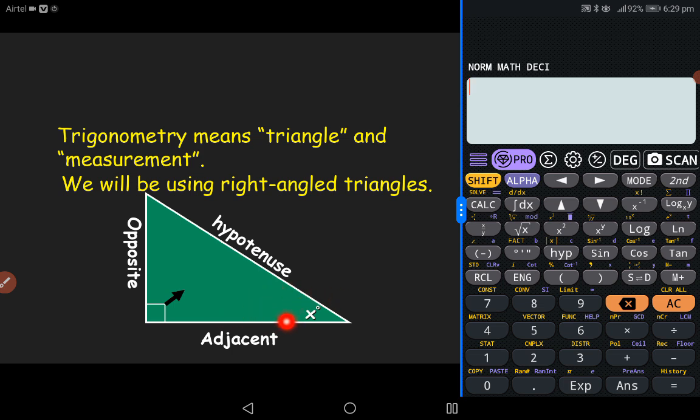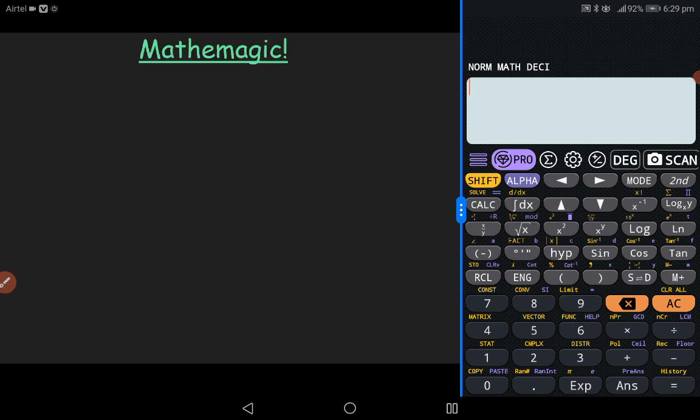The side on which the angle is leaning is the adjacent side. So you have the hypotenuse, the adjacent side, and the opposite side. I hope you are good on that. All right, that's very good.